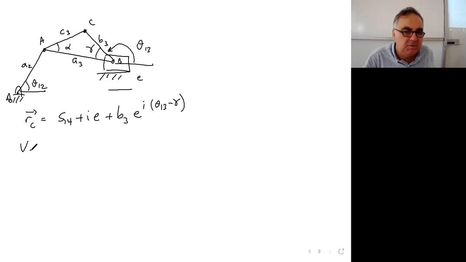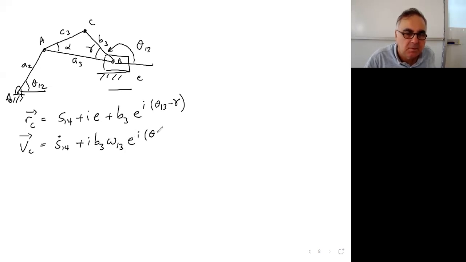So the velocity of point C is going to be the derivative of this, that is, omega 1, 2 e to the I. Okay. And the AC is going to be the further derivative of that.